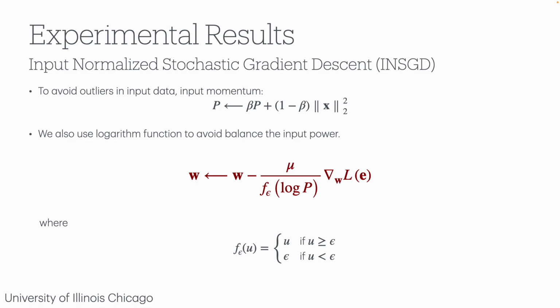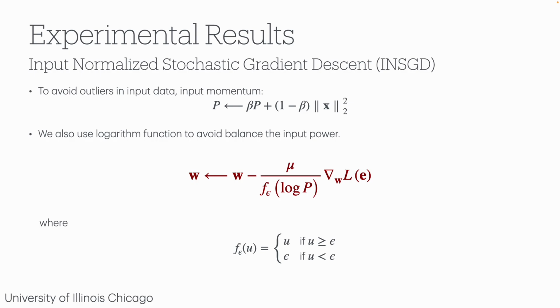Before I go into the experiments, I would like to show some improvements we made to our algorithm. We decided to further improve the algorithm by using momentum as in SGD and calculating the input momentum term to avoid outliers in the input data.